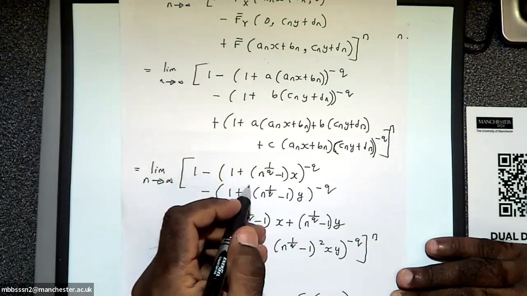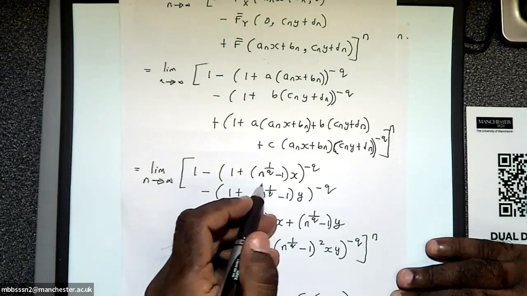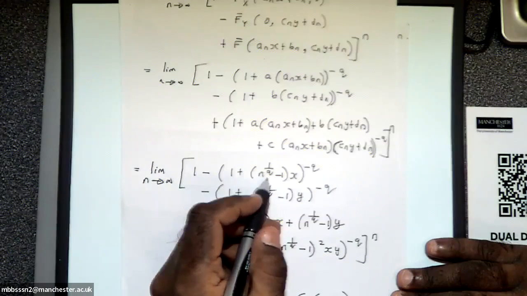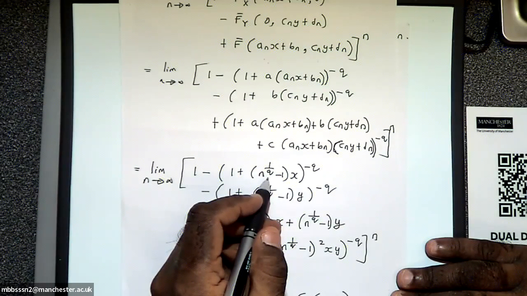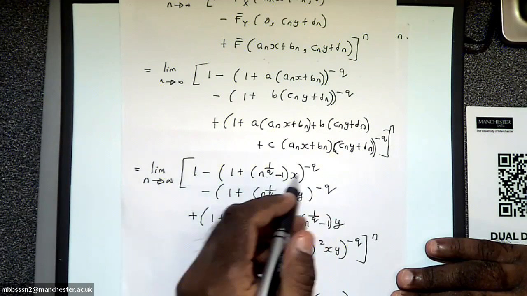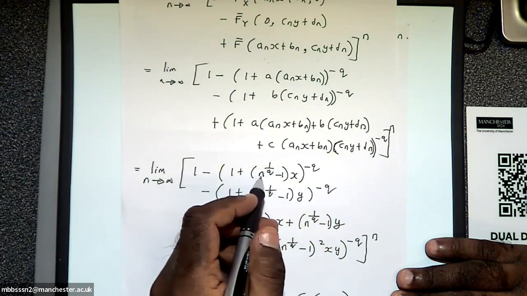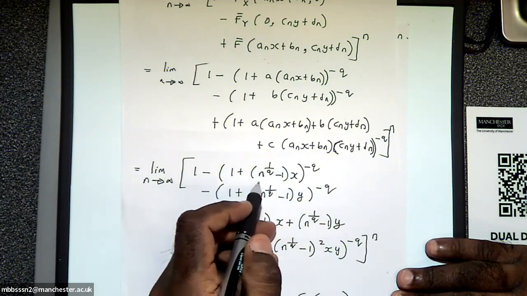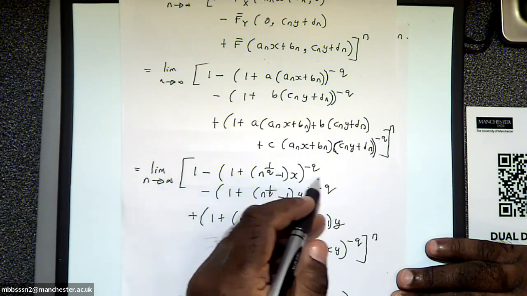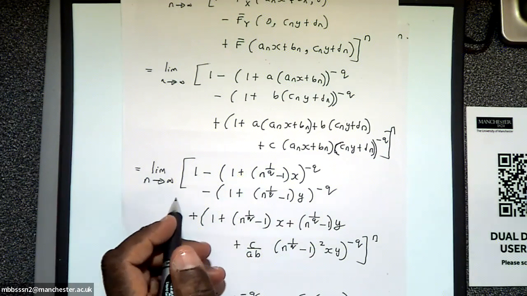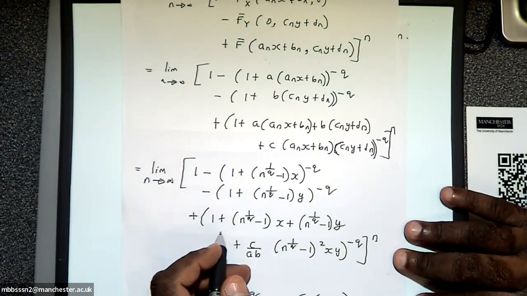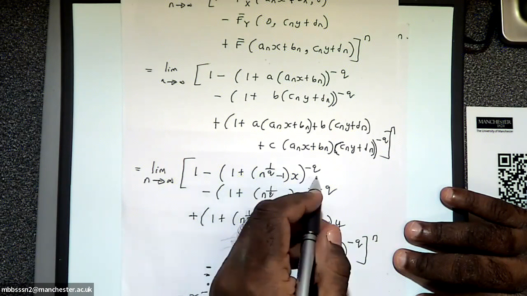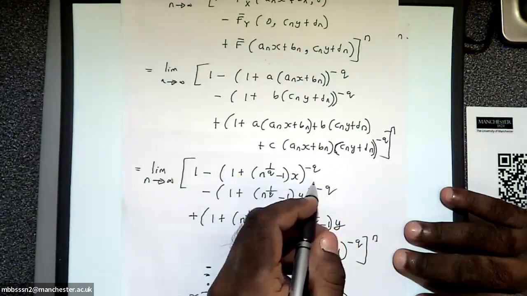So what you do is, in order to simplify this, you just need to pull this outside of the big brackets, right? If you pull this outside of the big brackets, it will become 1 over n.